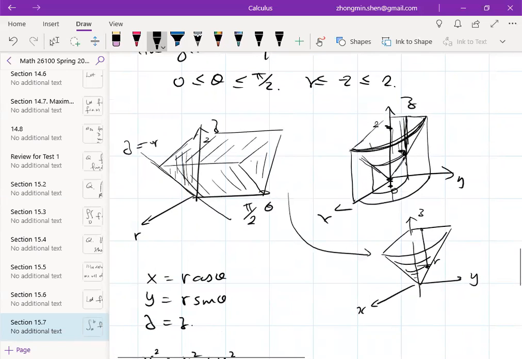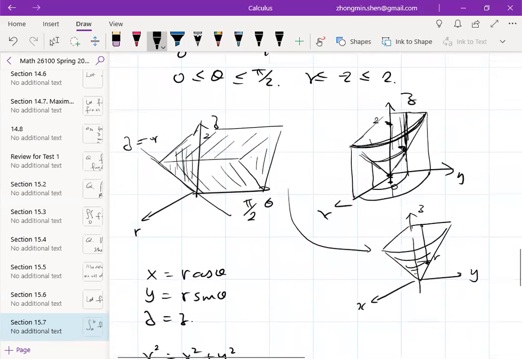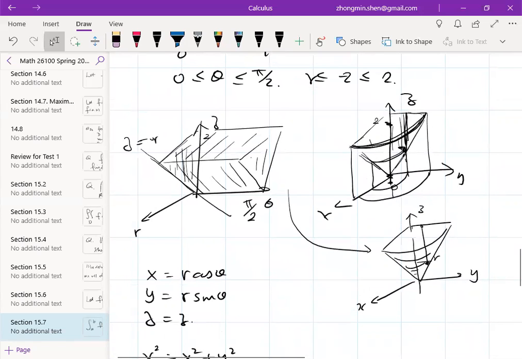You see, the cylindrical map maps this triangular cylinder to this cone. Think about how to do that, right? I think when theta equals 0, all the side is collapsed to this side.